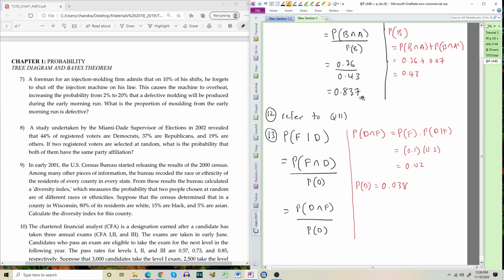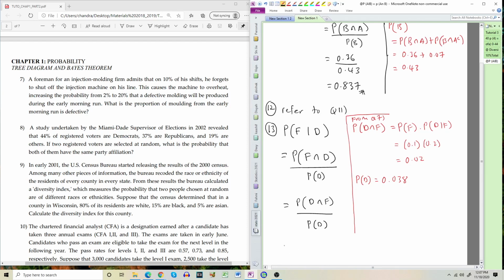This we are getting from Q7. This is the answer.